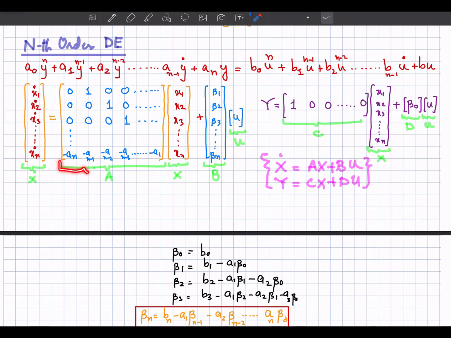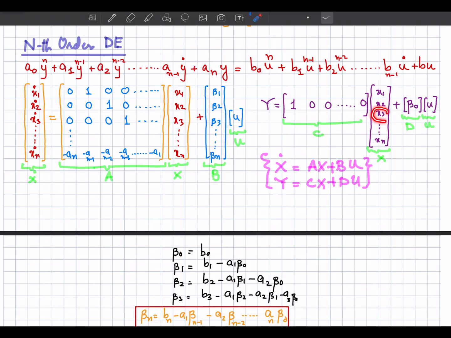So this is our state space matrix A. You can see over here 0 1 0 0 and the a's are moving like that, and these are the coefficients from your output terms, and beta 1, beta 2 and beta 3 are calculated as we discussed before, and the output is linked with the first state variable x1. But it's not necessary that you put 1 over here.